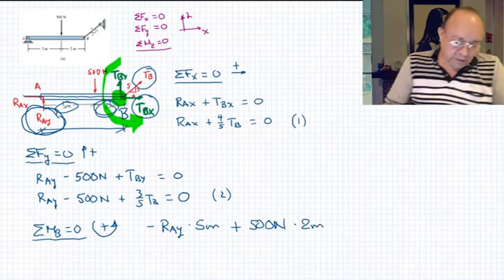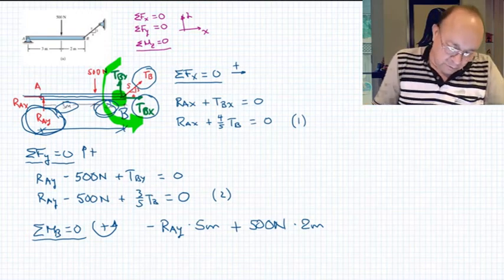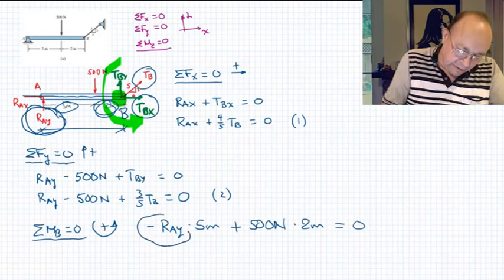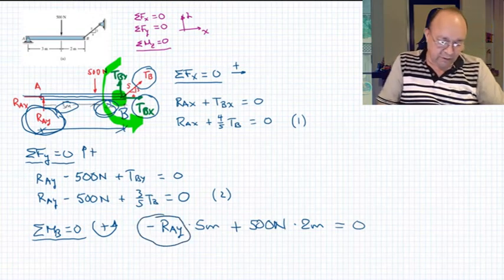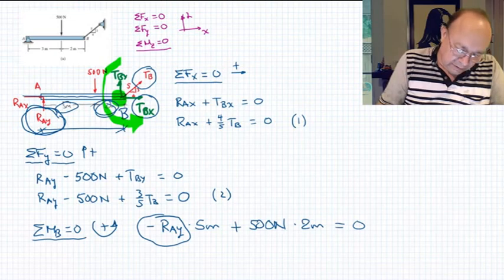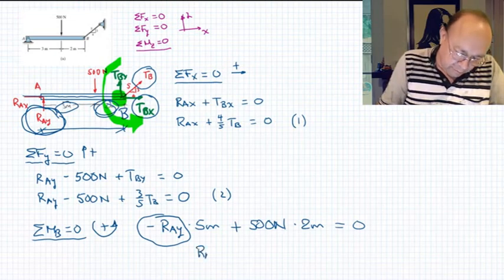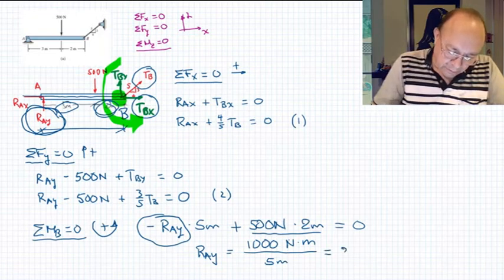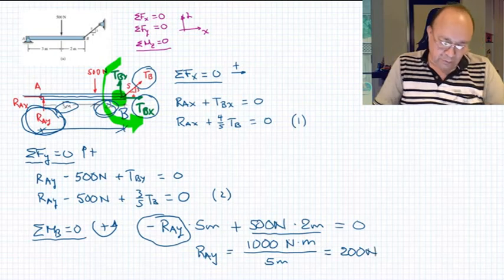And no more forces produce moment around point B, so this will be equal to 0. So from here we can find reaction AY directly. Reaction AY will be equal to 500 times 2 meters, so 1000 newton meters divided by 5 meters. So this reaction will be 200 newtons.